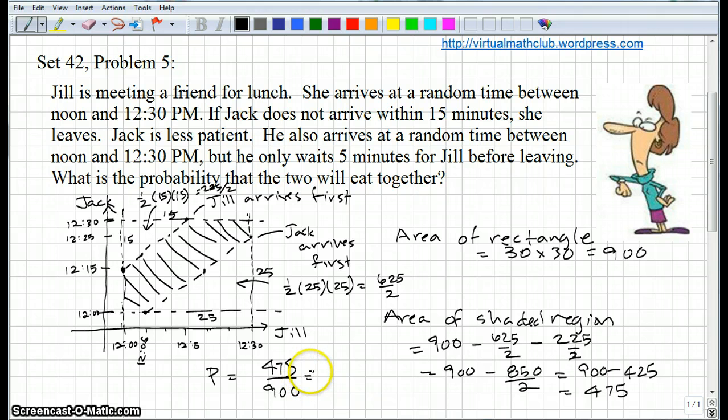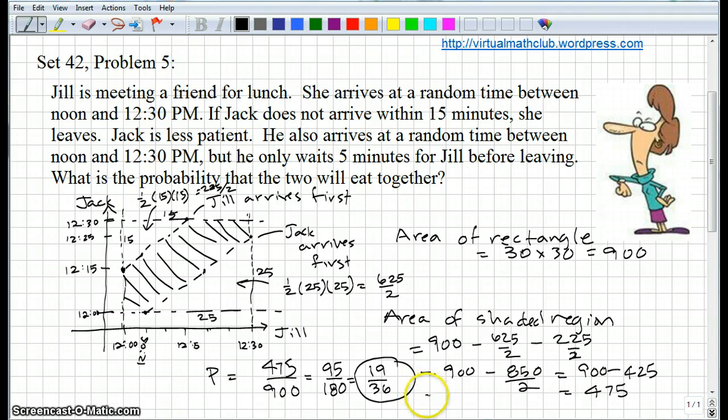I can see right away that they're both divisible by 5, right? So that gives me 95 over 180, and that can be reduced down even more, and that eventually gives me 19 over 36. Okay, so that's the probability that they will meet.